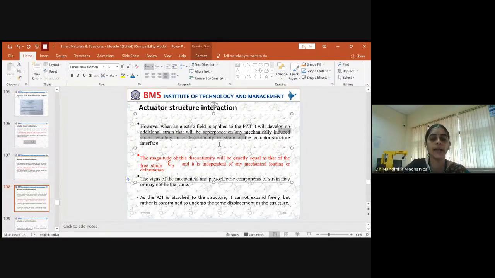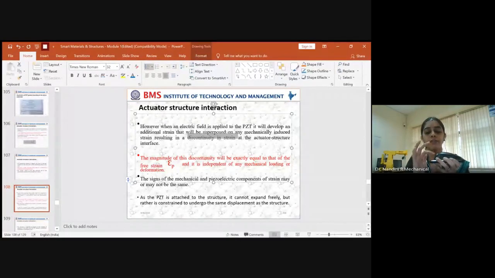So it results in discontinuity in strain across the actuator and structure interface. This is the main thing you have to understand. You will have piezo strain here, and the mechanical strain here. Along with that, a superimposed strain comes into the picture due to the additional strain from the combination of the piezo strain and the mechanical strain.